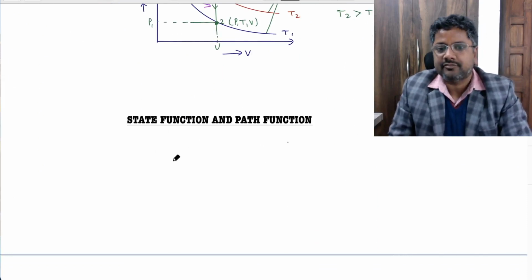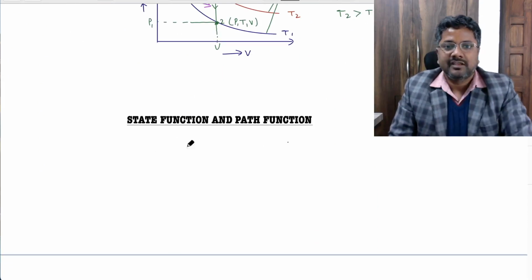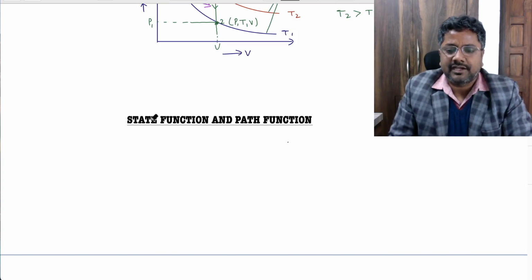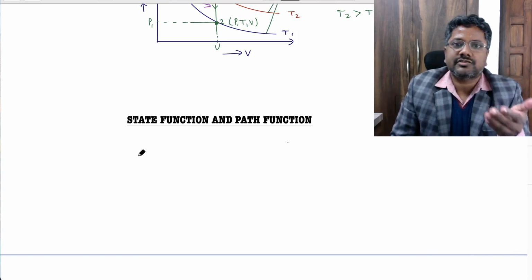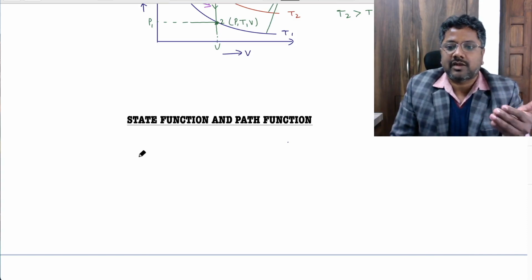So we have two types of thermodynamic functions. One are state functions. The name itself manifests that state functions are those physical or thermodynamic functions which depend on the initial and final state of the system.